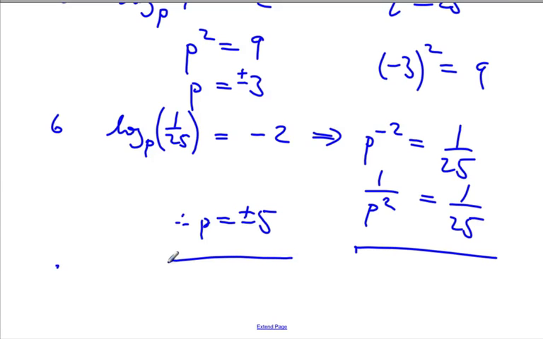Going back to our original question here, log base 5 of 1 over 25 is -2. It has to be, because 5 to the -2 means 1 over 5 squared, which is 1 over 25.